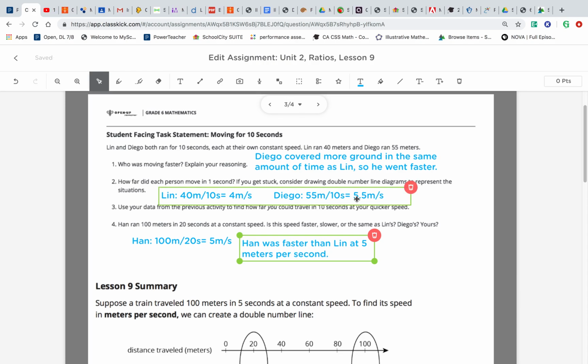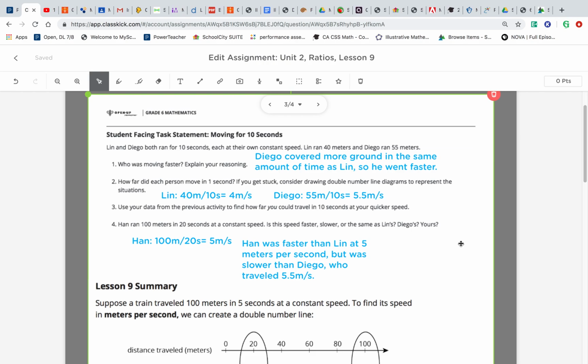And then compared to Diego, Diego was 5.5 meters per second. That's actually a little bit faster. Okay, so we'll add this in, but Han was slower than Diego, who traveled 5.5 meters per second.